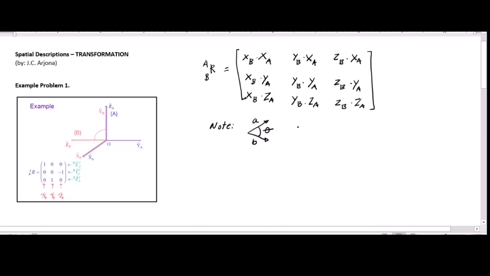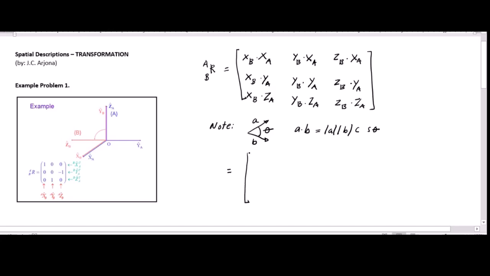The dot product A dot B is equal to the magnitude of A, the magnitude of B, cosine of the angle theta, or the included angle theta. This is the dot product definition.